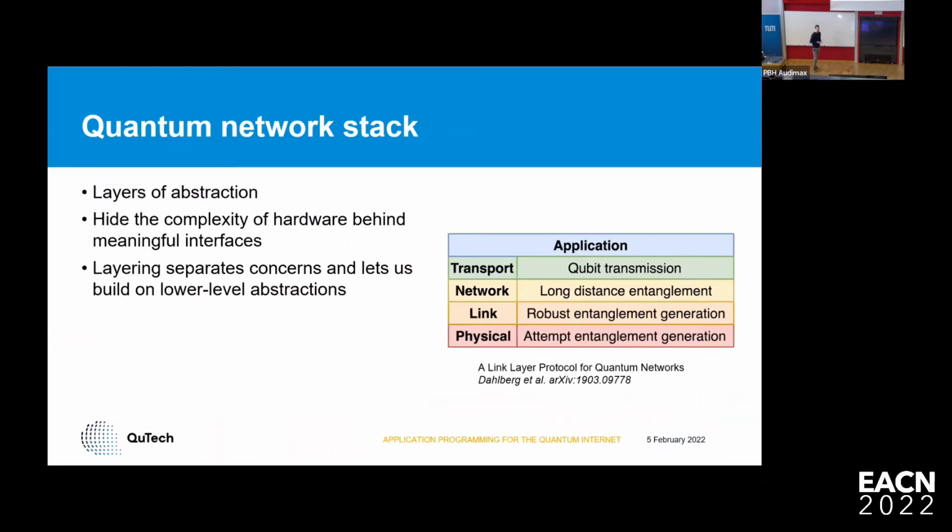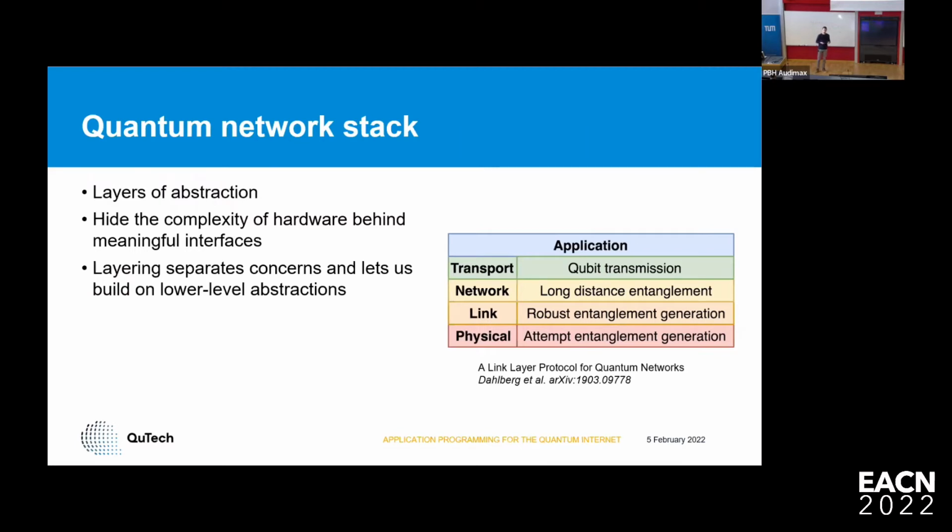Another thing I should mention is that within QTech, we are envisioning an abstraction hierarchy for the quantum internet. We have this layering based on the TCP/IP stack, basically. Each layer has its own concerns that it has to deal with, but it hides complexity from the layer above.